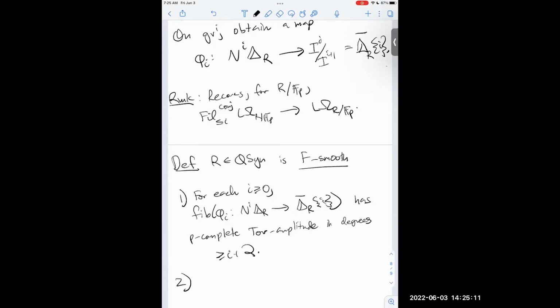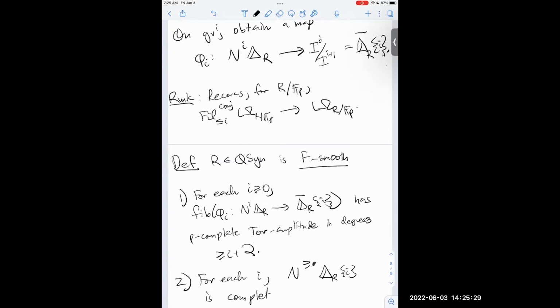Now we have to say that the Nygaard filtration is complete. In fact, we need it not only on prismatic homology, but on all the Breuil-Kisin twists. So for each i, the Nygaard filtration on prism of R twisted by i is complete. This is exactly analogous to the condition that the Hodge filtration on derived de Rham homology is convergent.